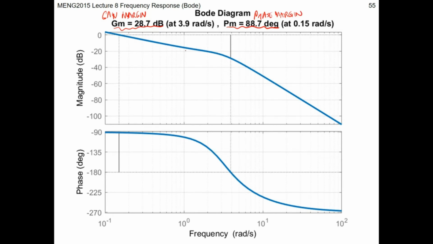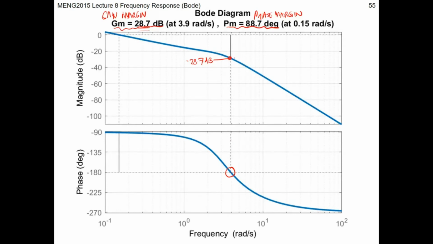Now, if we want to know how to calculate them, and we'll come to this later, but I'm just preempting. If you want to get your gain margin, you have to look at where the phase line crosses minus 180 degrees. That's why this dotted line goes up from there. It intersects the gain margin here at minus 28.7 decibels.